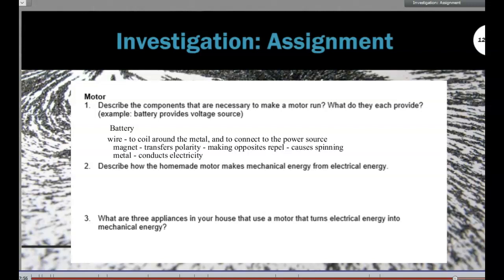All right. So are there any questions on answering those 3 questions? I know we are at the top of the hour, so I want to make sure that everyone was able to get all of those answered. Yes, washing machines have motors. Your blender has a motor.